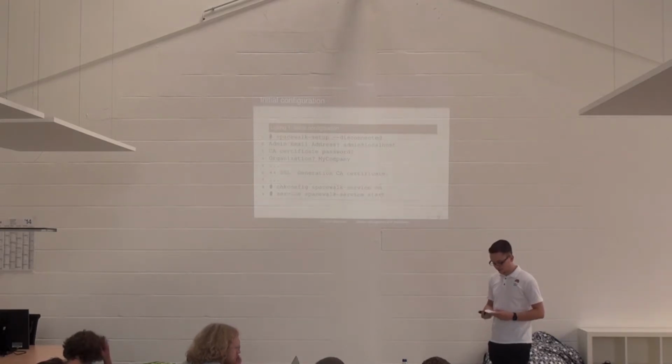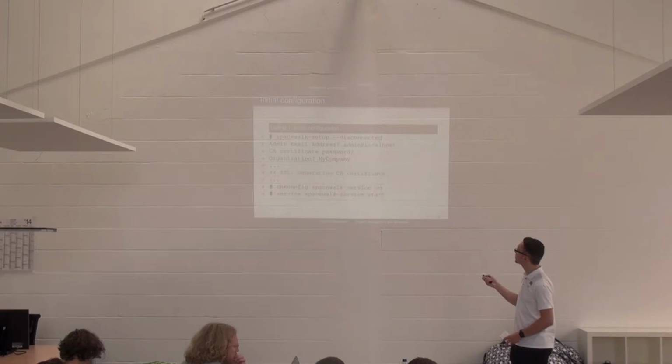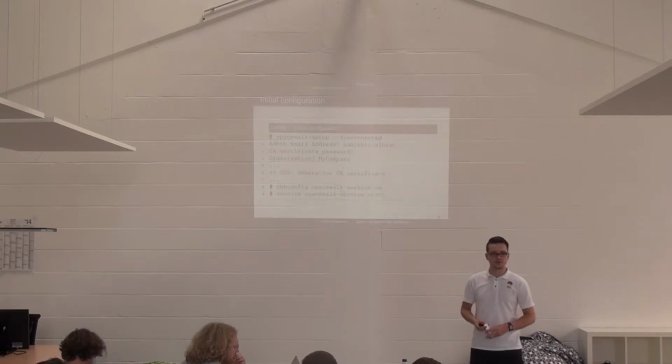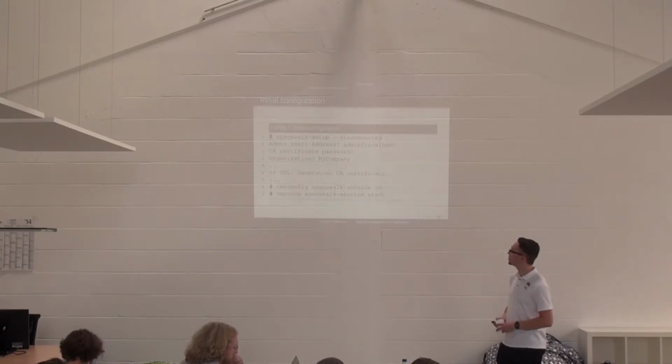After the packages are installed, the initial configuration is done with one single command, which is called spacewalk-setup. And it is started with the parameter disconnected, because this is necessary for the first configuration. It's a kind of wizard that asks you some initial parameters like the email address of the administrator.